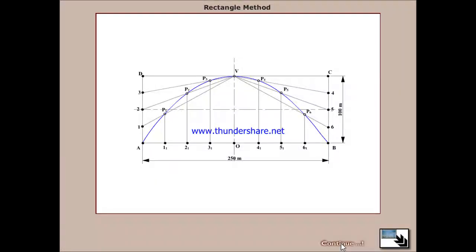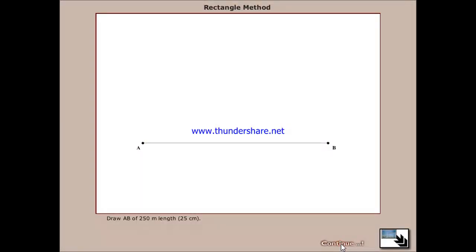Now let us continue the explanation of the rectangle method. First draw AB of 250 meters length, which is scaled to 25 centimeters.